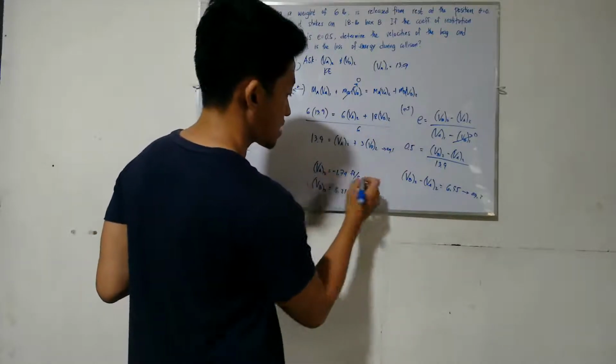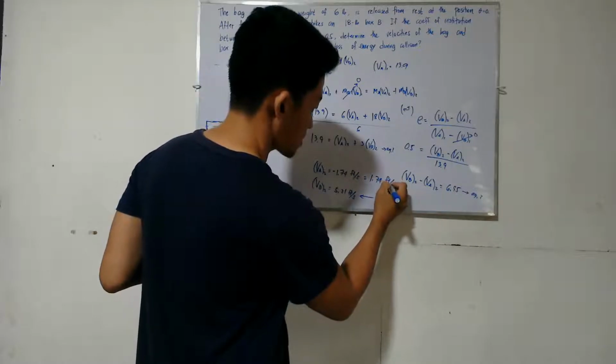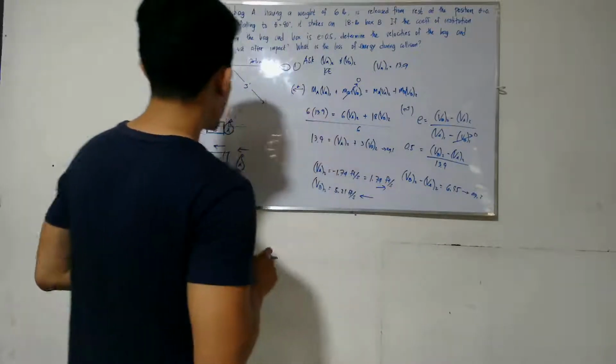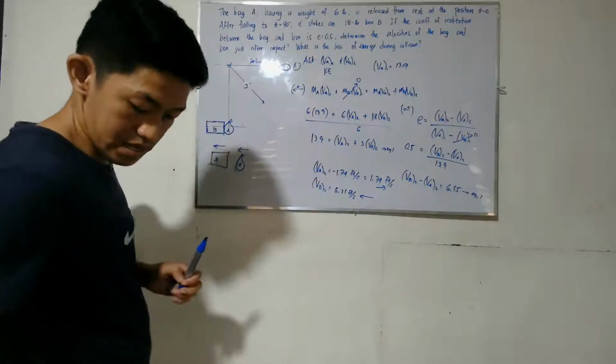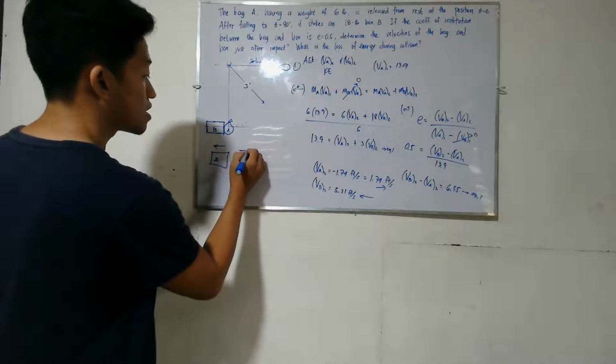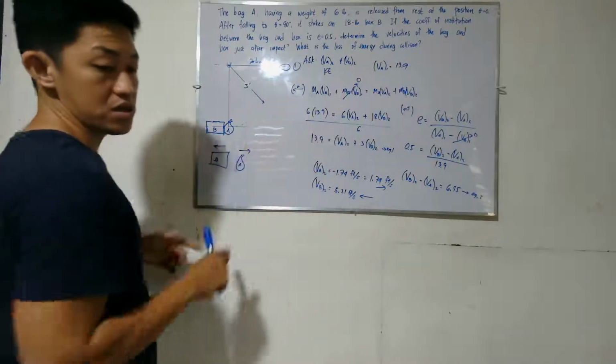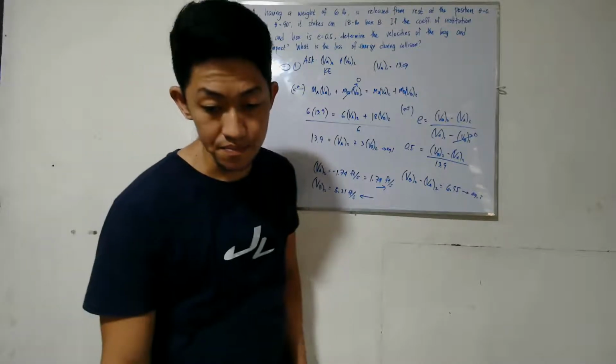And then kani negative pasabutan ni this is just 1.74 feet per second going to the right. So kani di ay after sa pag-collide nilang duha na balik ang A going to the right. Okay?